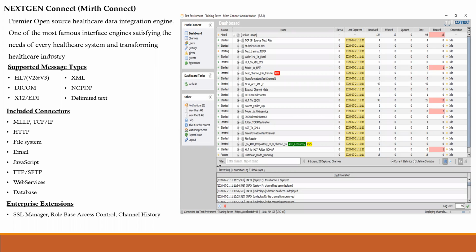GE Centricity is a PM system. So GE connector is another integration engine, and we have many more like that. But these 4 or 5 integration engines that I just mentioned are the most famous ones that you see out there in the healthcare integration space.